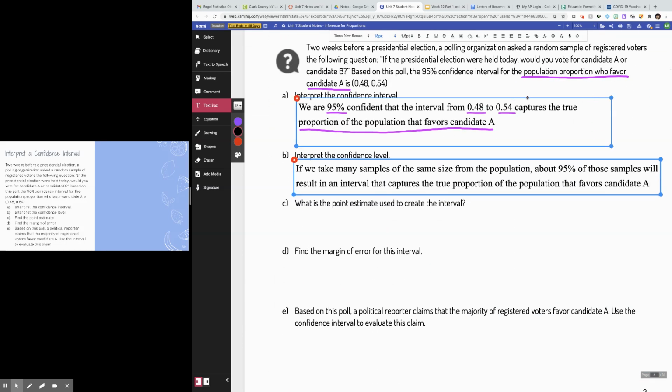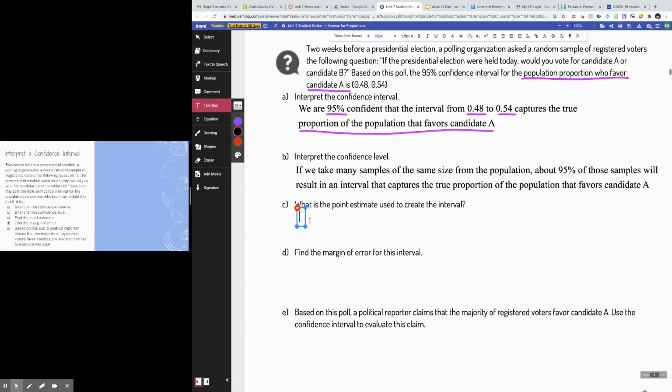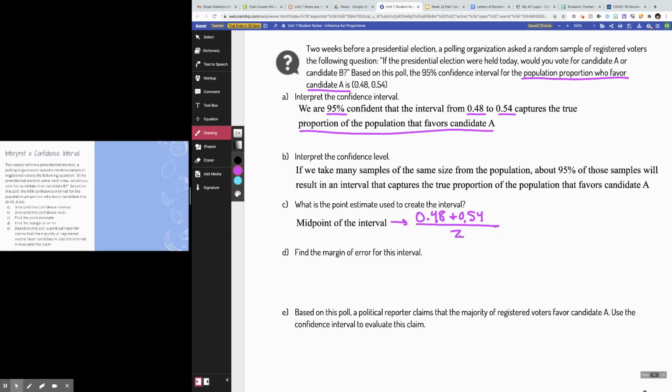So essentially what you're finding is the midpoint of the interval. The way you find a midpoint is you add your two bounds, so 0.48 plus 0.54, and cut that in half. So that's 0.51.